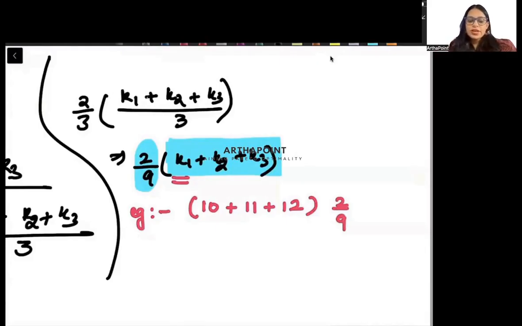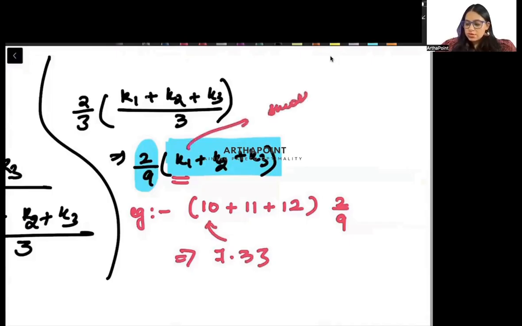If I quickly open up the calculator, I get (10 plus 11 plus 12) into 2 divided by 9. The answer will be 7.33. It's the closest to 10. So the person who announced the smallest number will win.